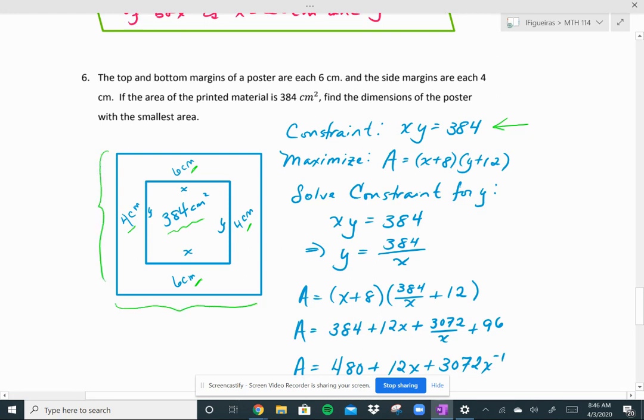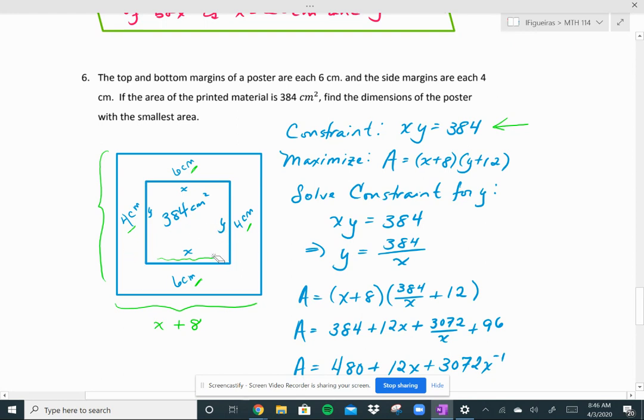Those are the dimensions. Now, let's talk about how to express them. So if I have x units, let's say from here to here, and I have 4 on each side, that means that this whole thing is x plus 8 units. So it's x, then 4, and 4, that becomes 8.